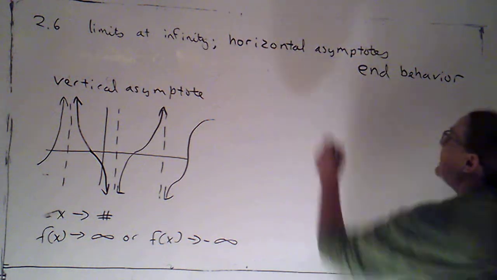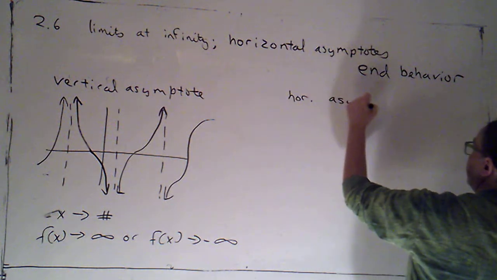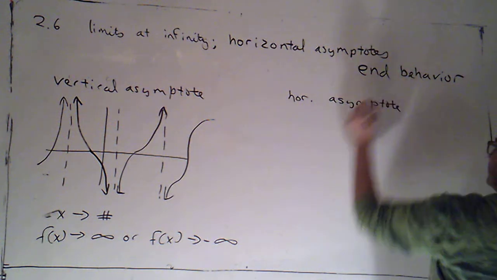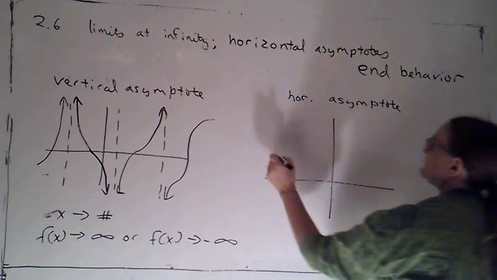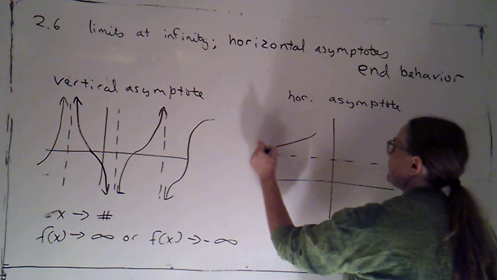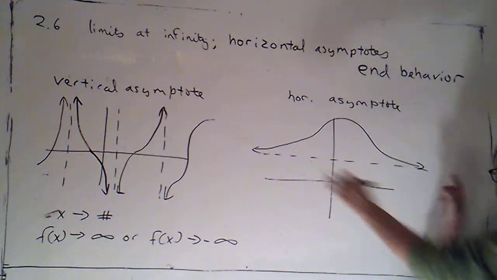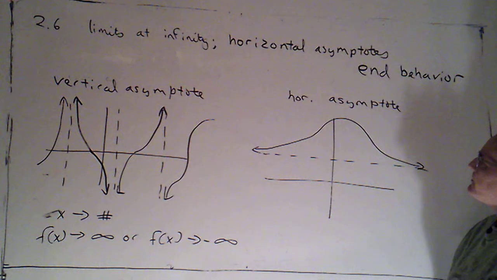Okay. If I have a horizontal asymptote, let's just suppose I have a function that looks like this. I'm going to have the same horizontal asymptote here on both sides. Okay.